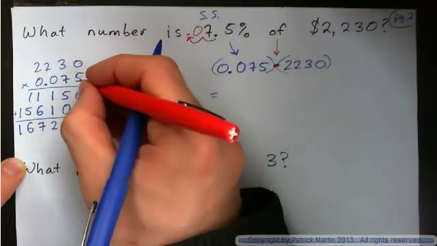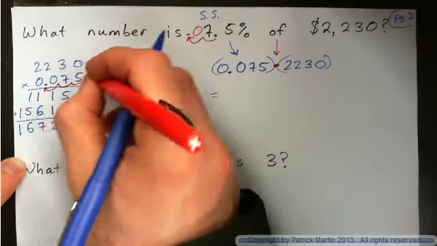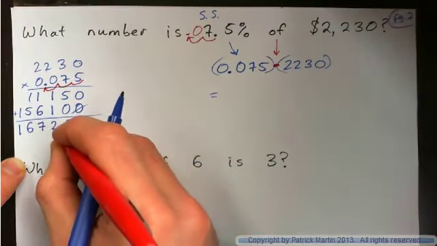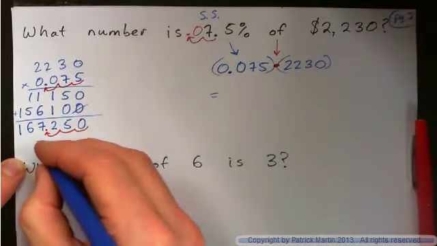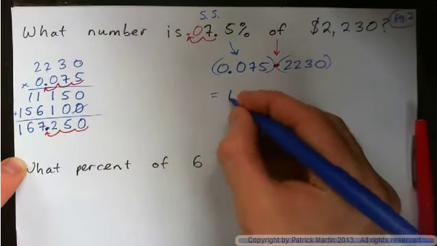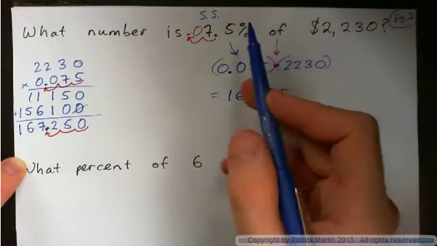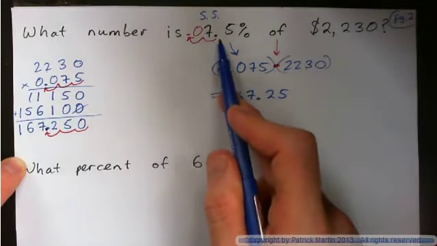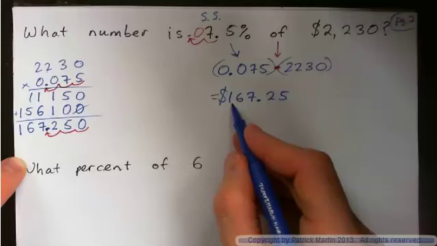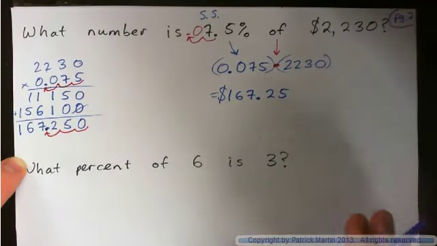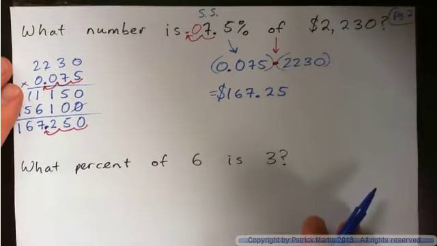There are 3 decimal places in the problem, so there's going to be 3 decimal places in the answer. So that is 167.25. So Social Security tax of 7.5% on this monthly wage is $167.25. Okay, so that's the answer there.